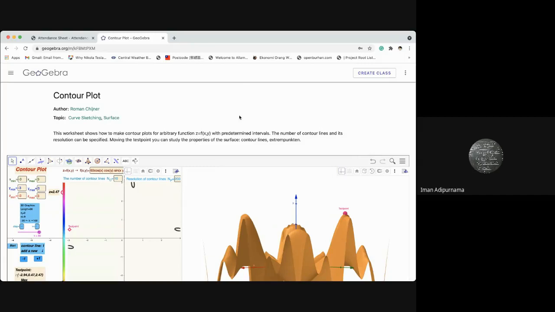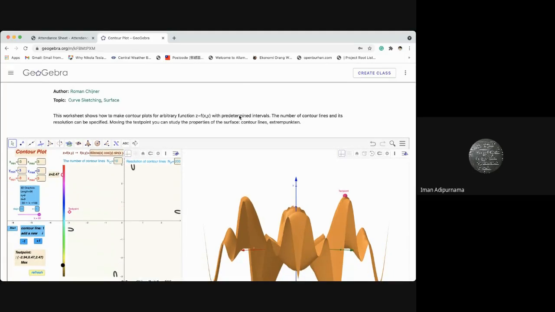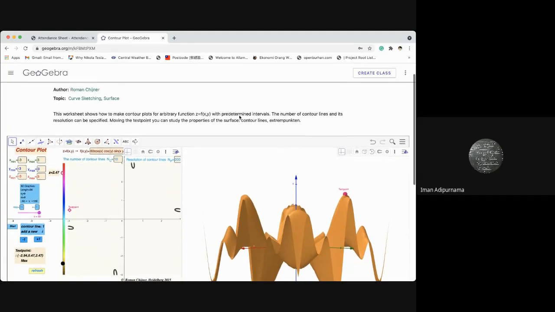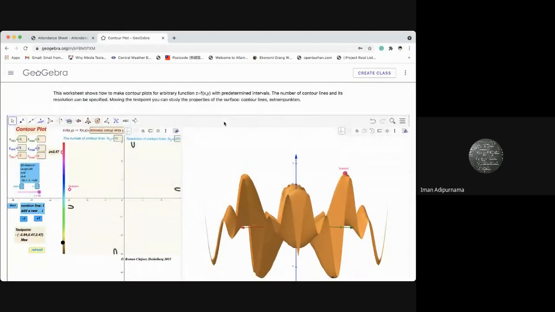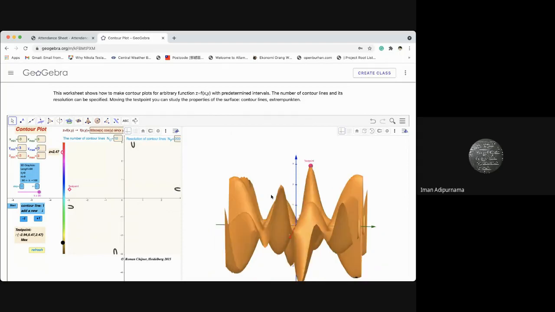I hope you can see this. This is from GeoGebra. You can also check and try to navigate GeoGebra. So this is the contour plot from the function z equal f of x and y.